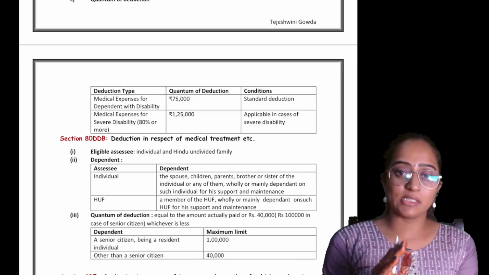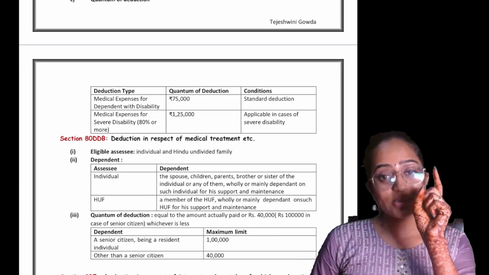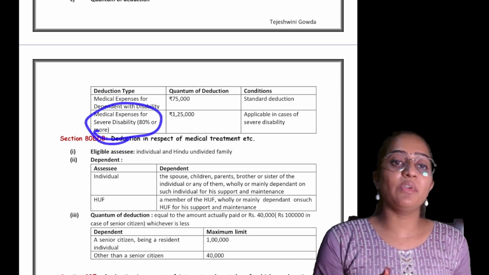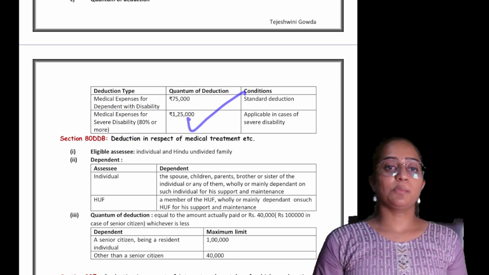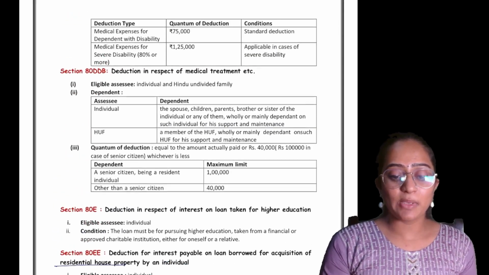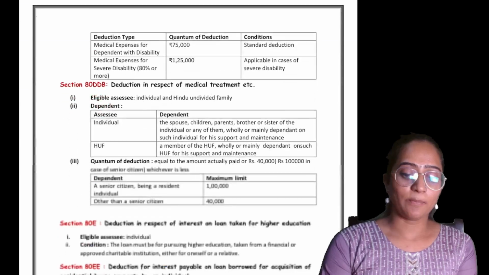In case of a person with disability, whether you spend 5 rupees or 10 rupees for that person, still you will get 75,000 as the deduction. If the person has a severe disability, then you can get a maximum deduction of up to how much? 1,25,000. 80DD: dependent disabled. Please remember it like that.